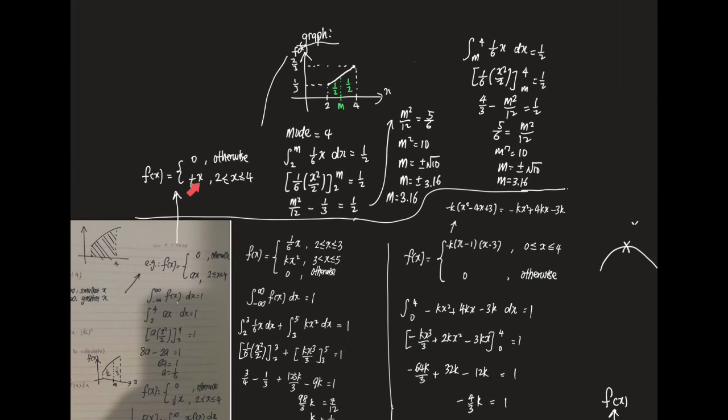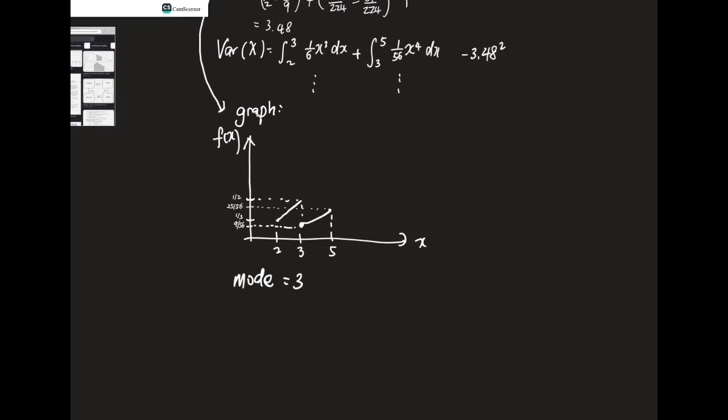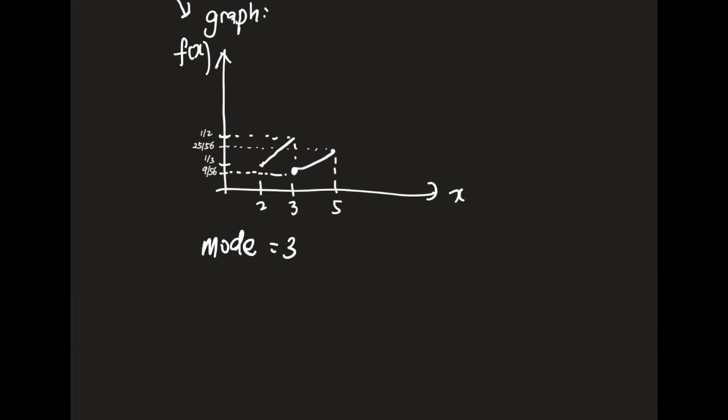Now you have 2 interval. Okay, so you have 2 interval, 2 to 3, 3 to 5. So where is median? We can determine in this way. You just find out the area on this part, and you may also find out the area on this part. Then from there you can determine one. Okay, let's see.